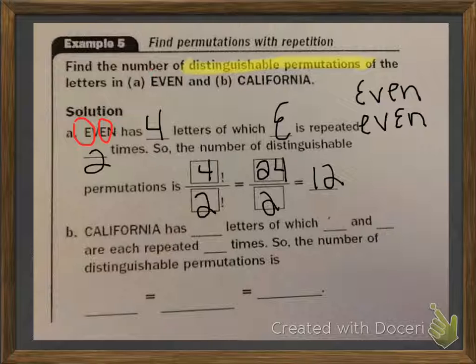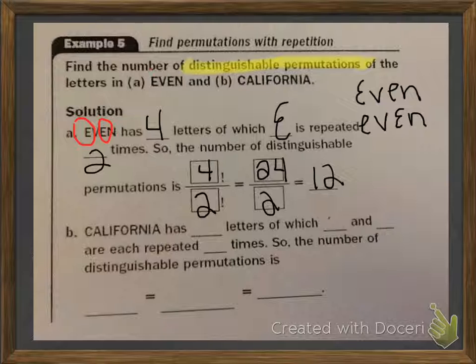The only way you can distinguish between these is because I put one in uppercase and one in lowercase, but otherwise they look identical. So that would not be a distinguishable permutation. So even the two E's kind of mess you up here, and that's why you have to use a different formula.